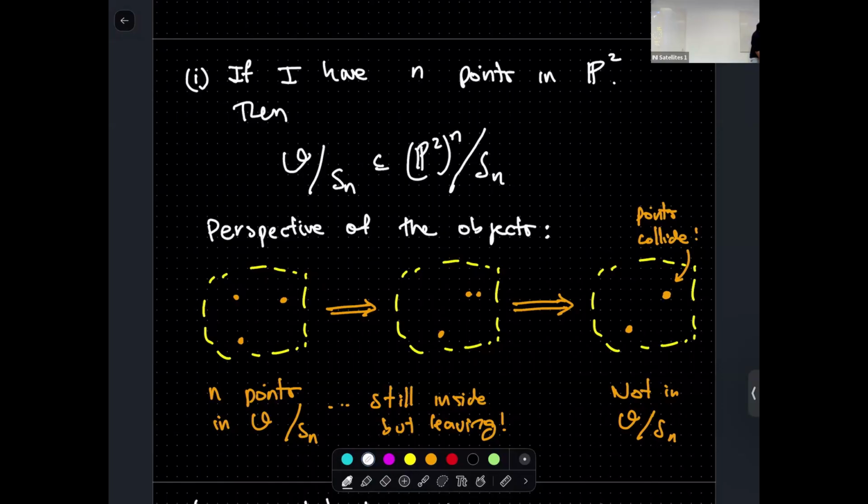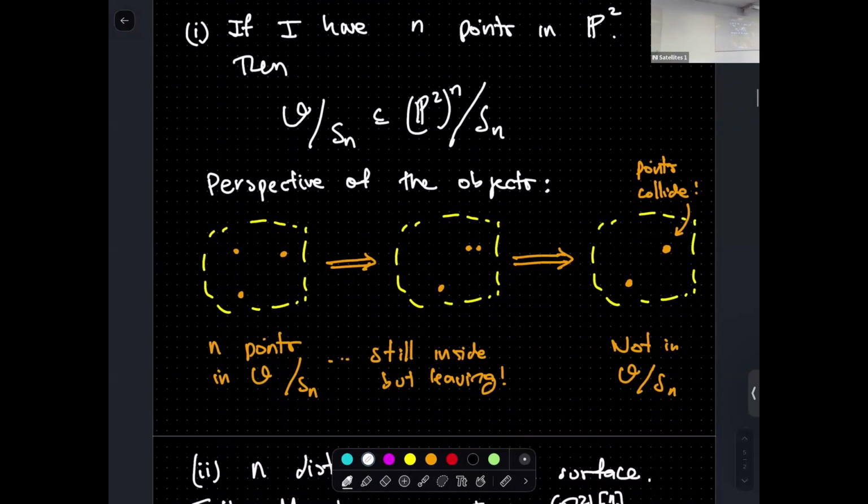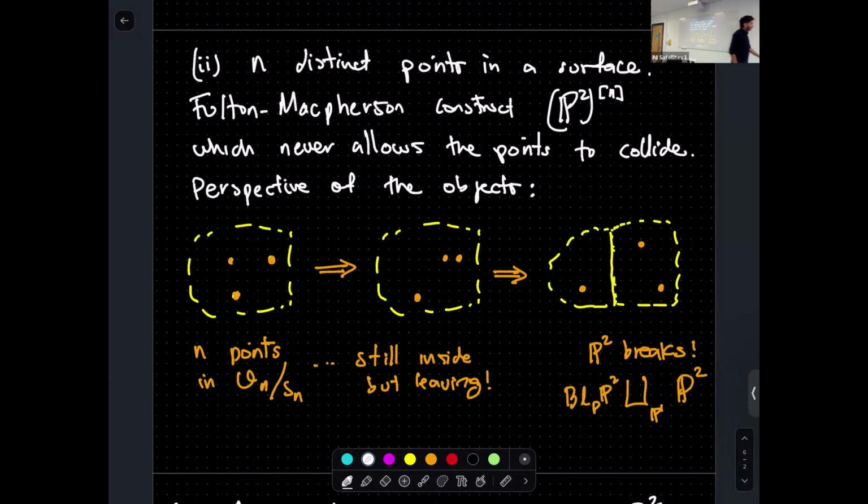The complement that we're adding is not necessarily well behaved, it's not a normal crossing divisor. But in the Fulton-MacPherson construction, this space is a normal crossing compactification.